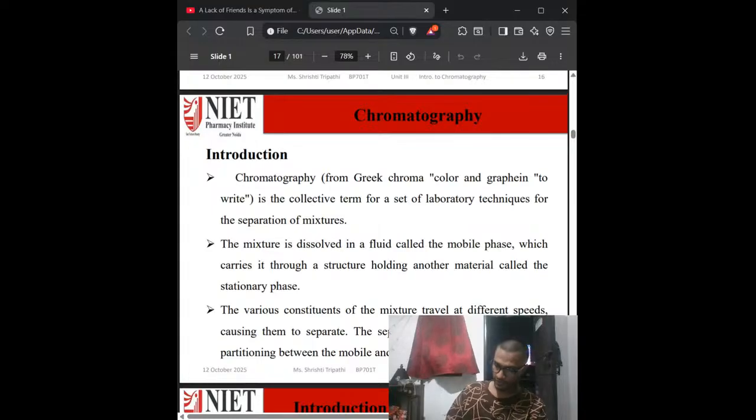So we'll study chromatography. We'll work on my writing skills at a later point. But right now we are studying chromatography, which is created from chroma. Chroma means color.